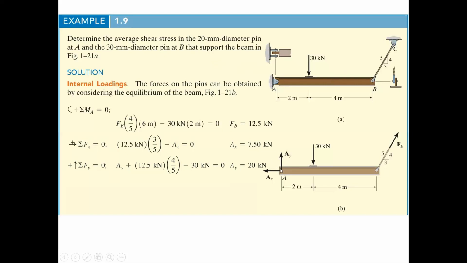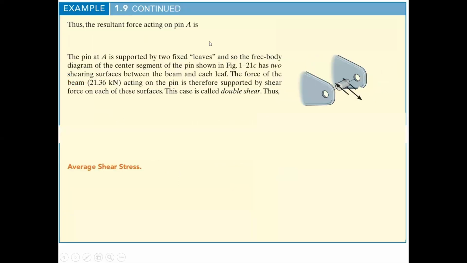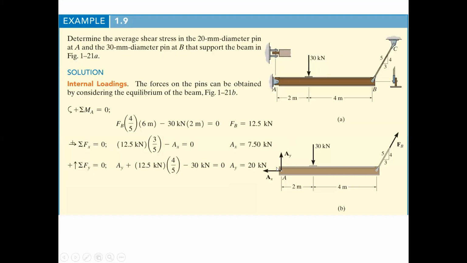Okay, so we want to know the true or the real force that's on this pin. We have two components, so we need to find the resultant in order to look at that shear stress on this pin. And so it's going to actually be occurring along a direction here that is the hypotenuse of this triangle.